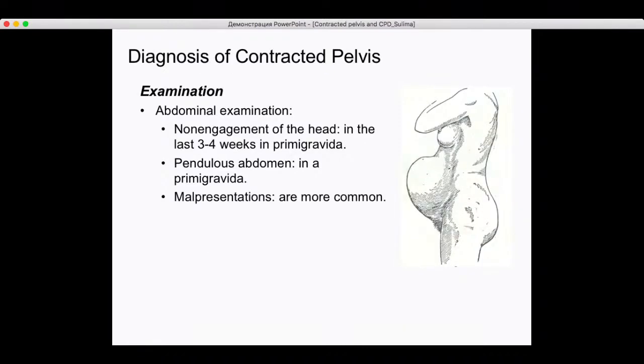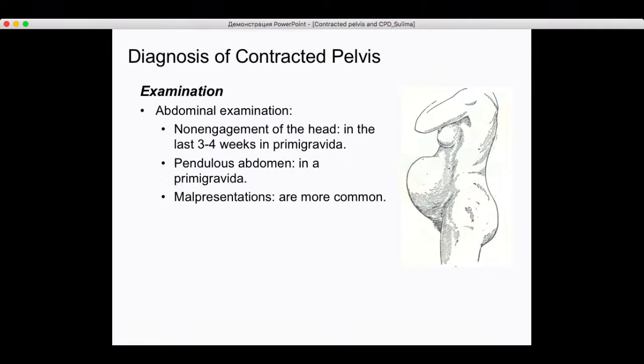What else? The woman with contracted pelvis usually has changes in the form of the abdomen. Why? Because usually they have a non-engaged head in the last 3 or 4 weeks before labor in the case of a primigravida, such as a pendulous abdomen.